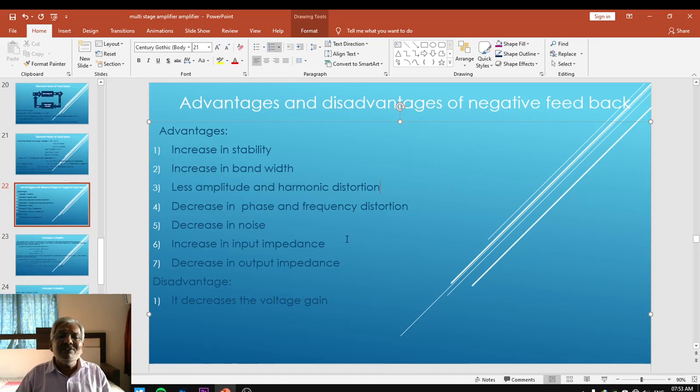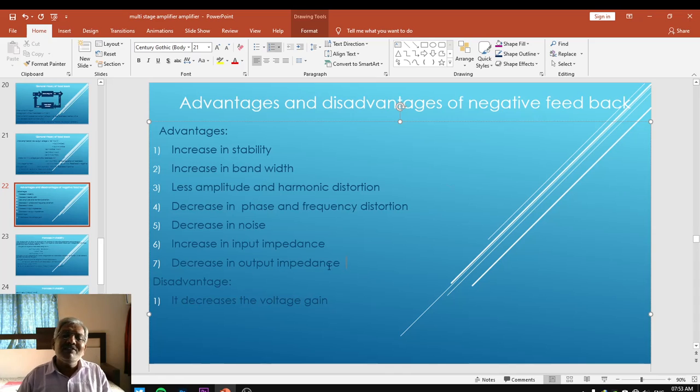One more advantage is increase in input impedance. If negative feedback is applied, the input impedance of that amplifier will be more. Next advantage is decrease in output impedance. Negative feedback amplifier has high input impedance and low output impedance.